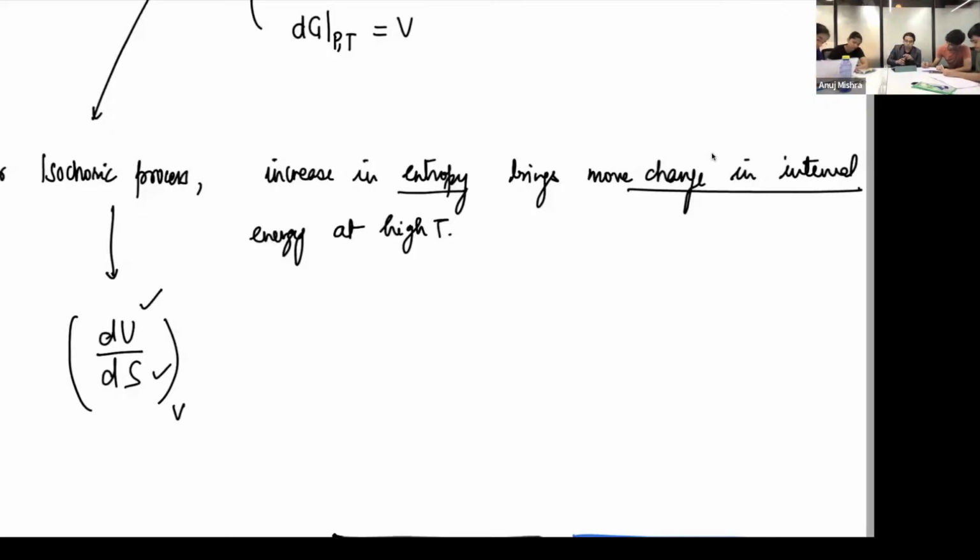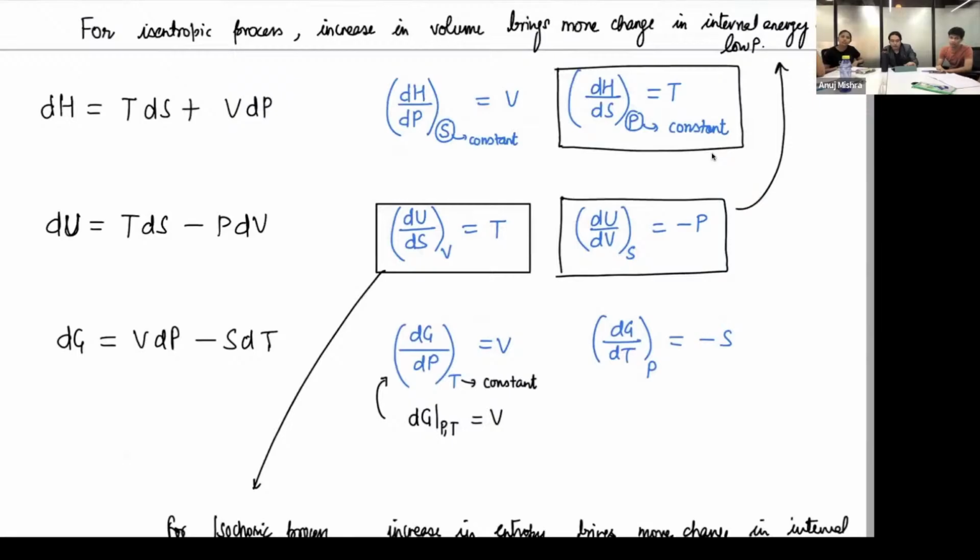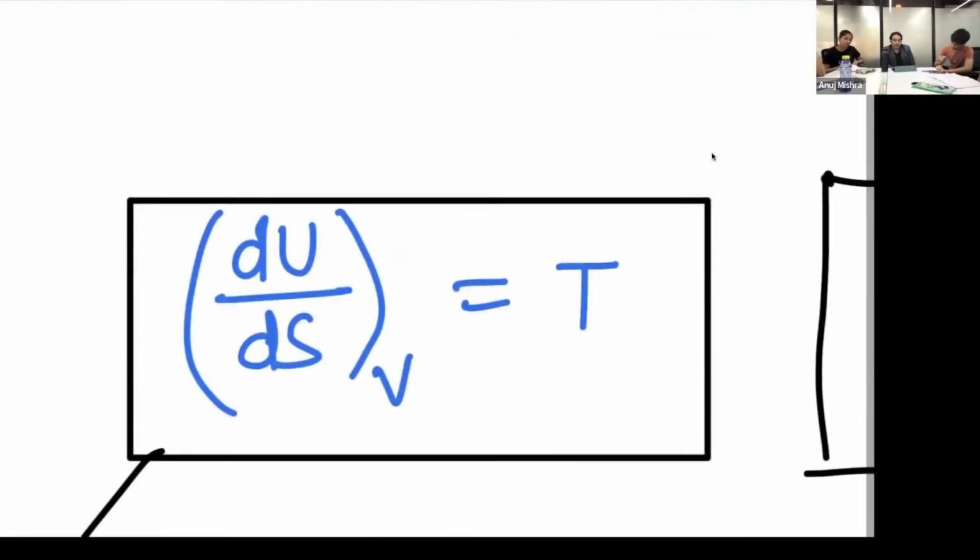True. dU by dS at V is T. Easy. अब सोचो अगर ये सब करना है आपको और आपको नहीं पता है तो बहुत फंस जाओगे, राइट?